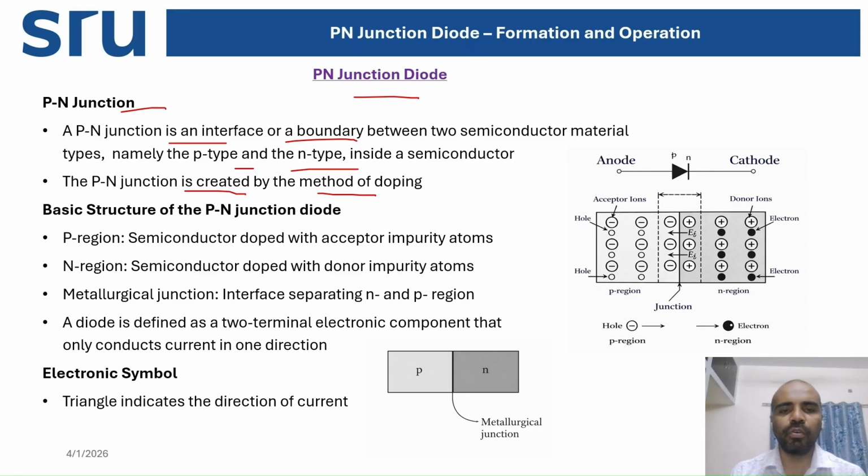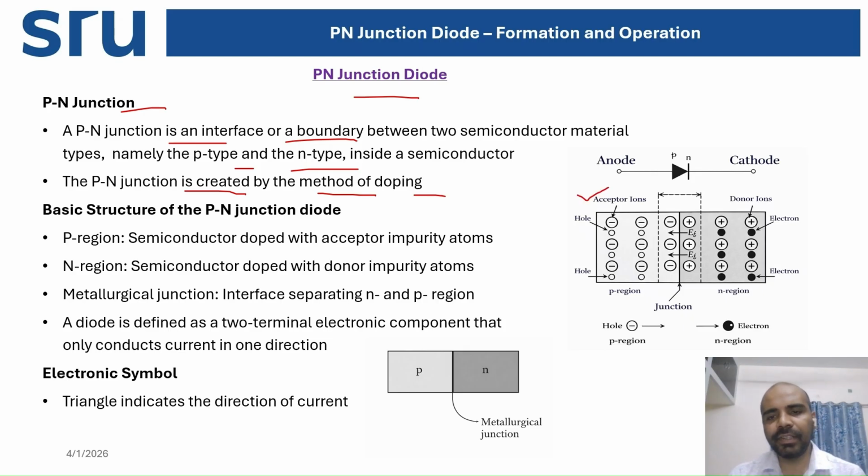There are four techniques to fabricate a PN junction diode: the grown junction technique, alloy junction technique, epitaxy technique, and diffusion technique.